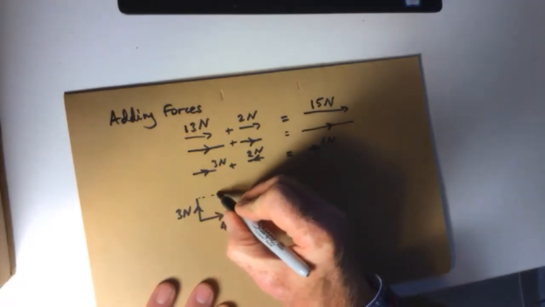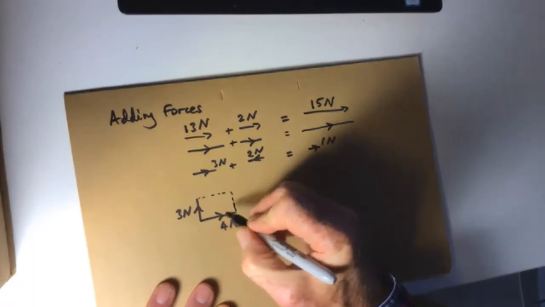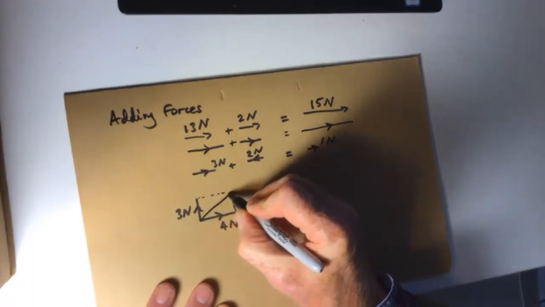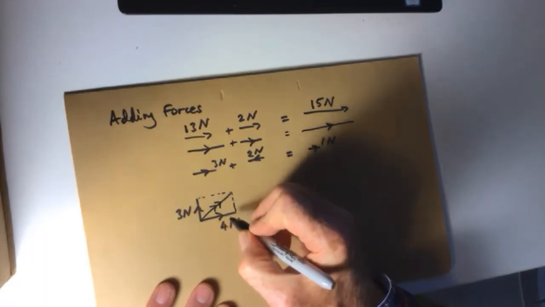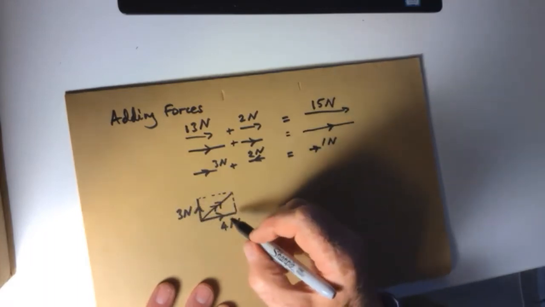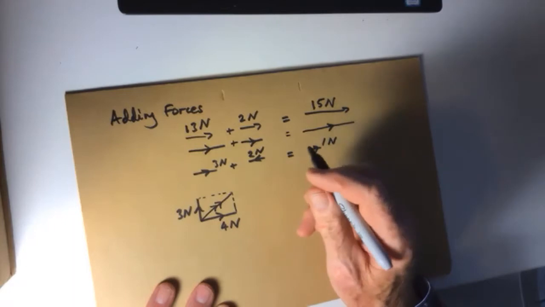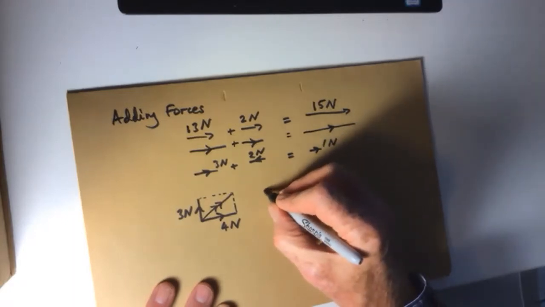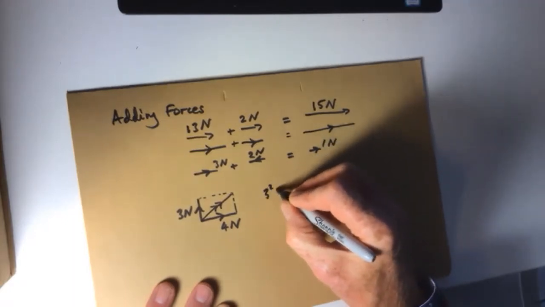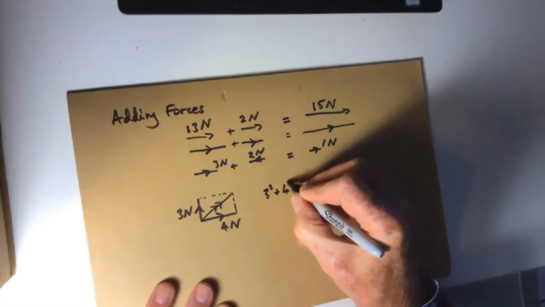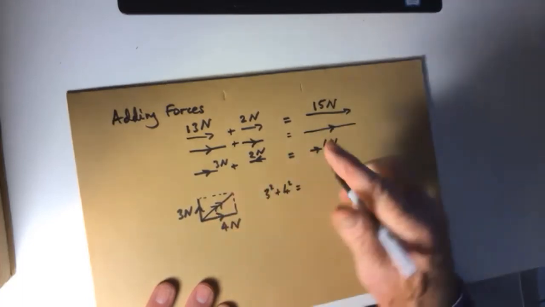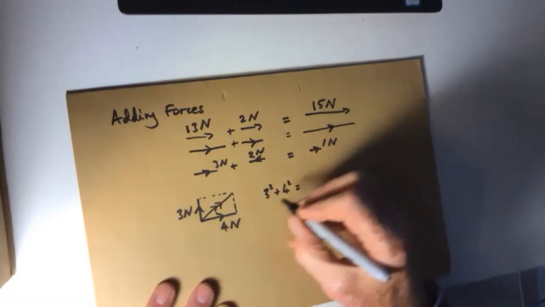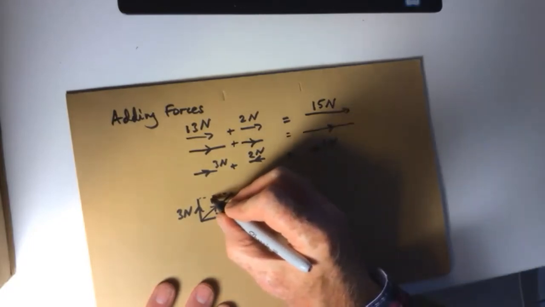So if we construct this, that diagonal is our resultant. Now, a lot of you guys can do your Pythagoras, can't you? By using Pythagoras' theorem, 3 squared plus 4 squared equals this 1 squared, whatever that is. Okay, I'm going to call it R because it's the resultant.